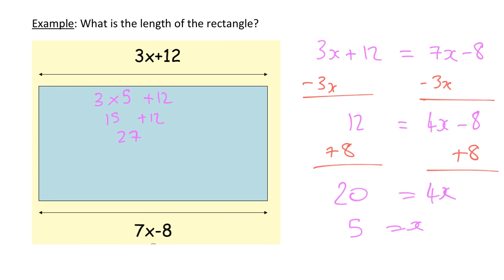Had we put it in 7x minus 8, we would have gotten 7 times 5 take away 8, which is 35 take away 8, which works out to be 27. So what we've shown is that when x equals 5, the opposite sides of the rectangle are the same length, as expected.